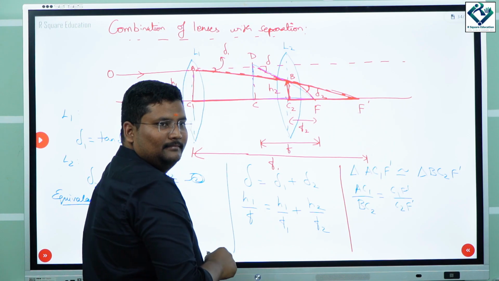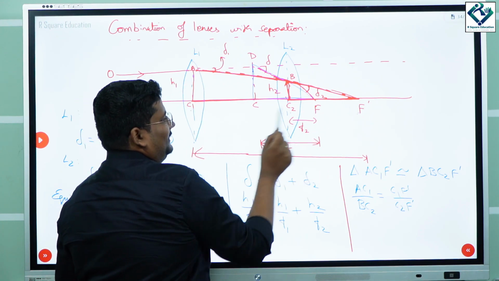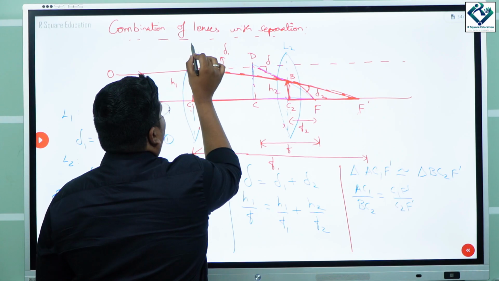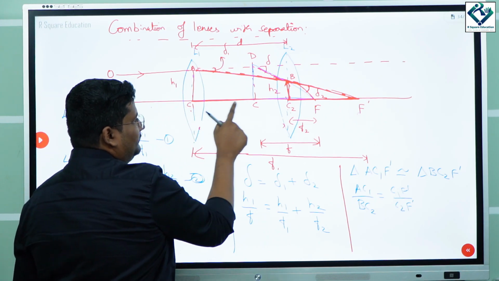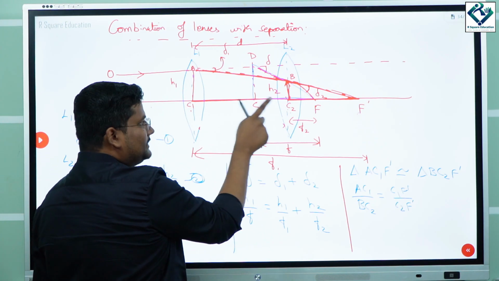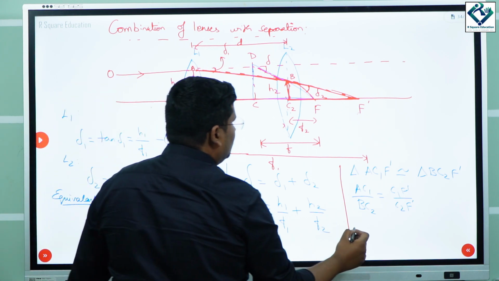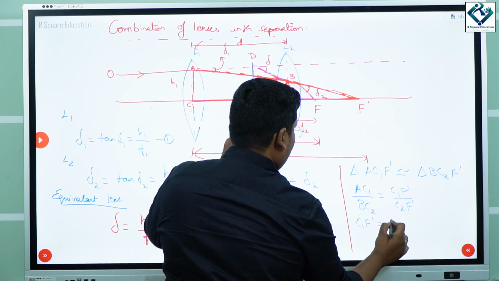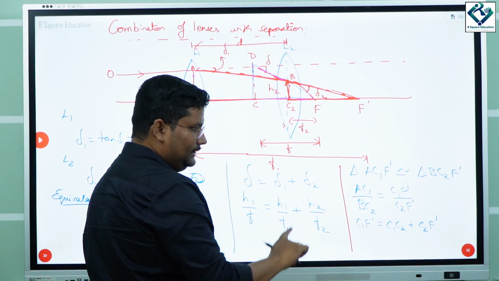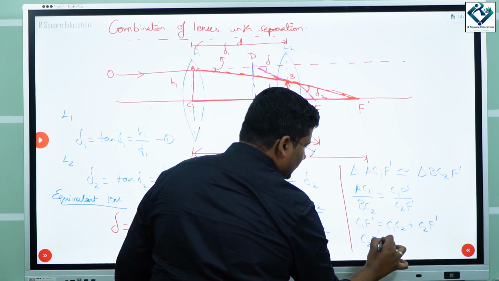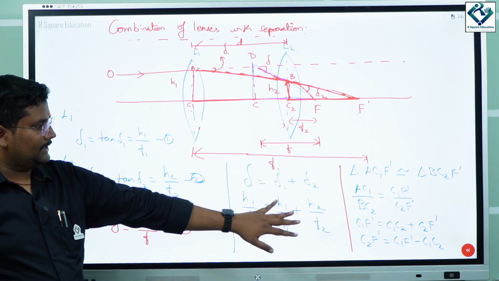C2F dash we don't know. Correct, only C2F we know. So how can we calculate C2F dash? Between the two lenses, let me take a distance of separation D. So C1C2 plus C2F dash is nothing but C1F dash. Correct? So C1F dash is equal to C1C2 plus C2F dash. What I want is C2F dash, so C2F dash will be equal to C1F dash minus C1C2. Correct? So now all things are there.